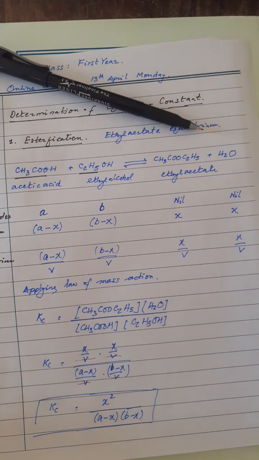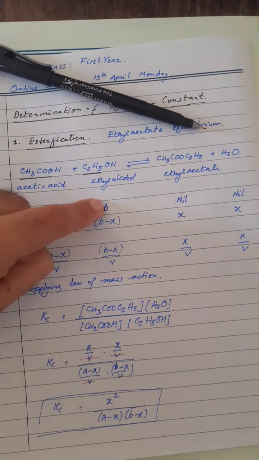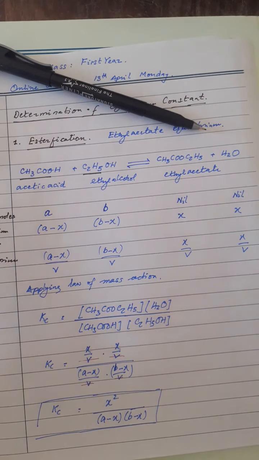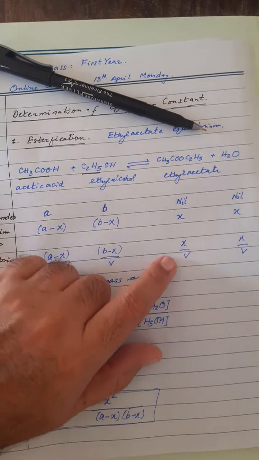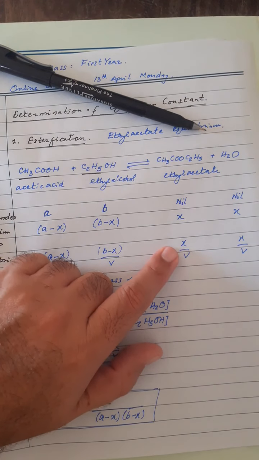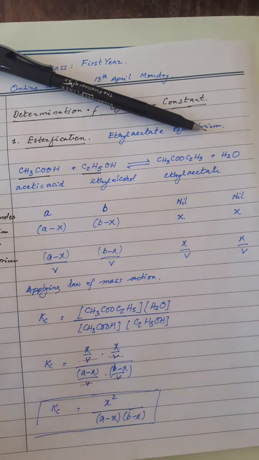A and B, 10 ml, 10 ml, 10 or 20, whatever is known; for a different reaction, different values will come here. X is the quantity of the ester formed, which we can determine after the titration against NaOH.